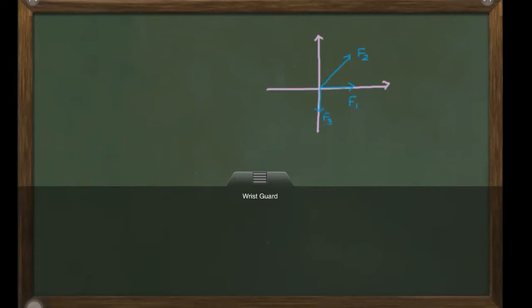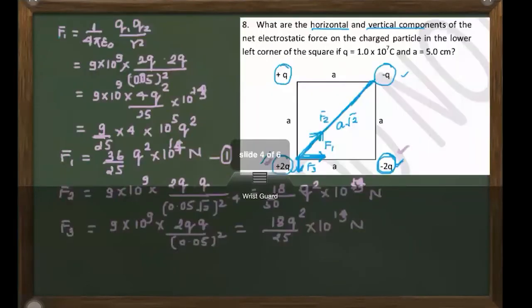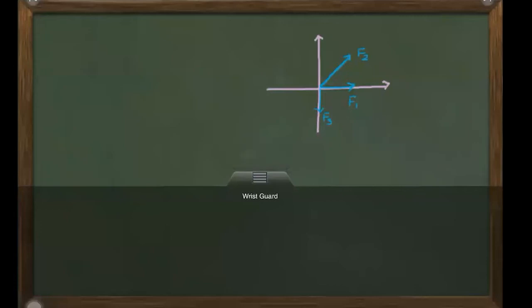Now, this is along the positive x-axis. This one is along neither the x-axis nor the y-axis, and the angle will be 45 degree because this is a square. So this angle is 45 degree.